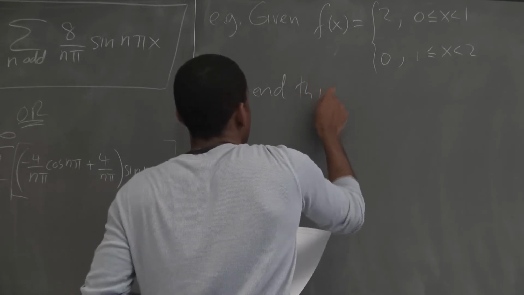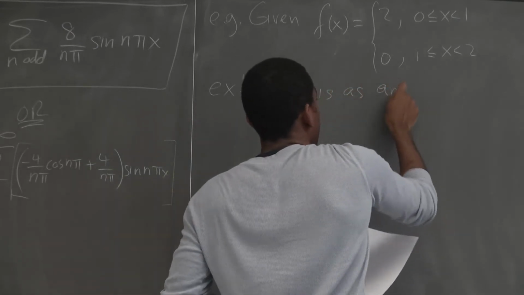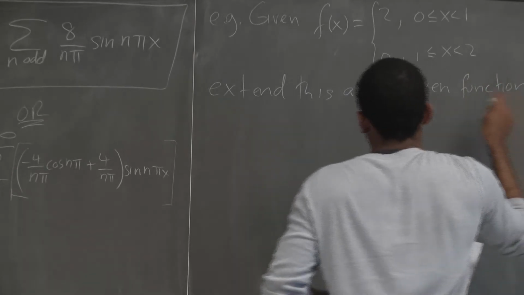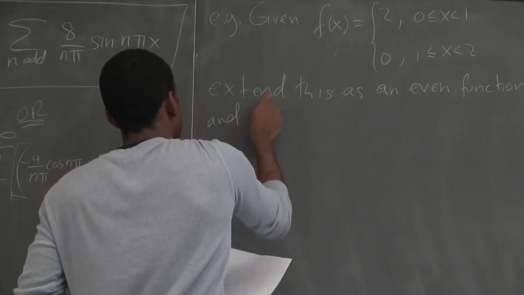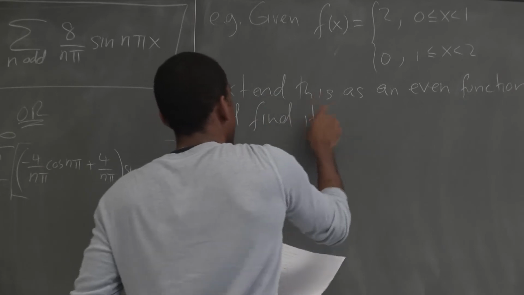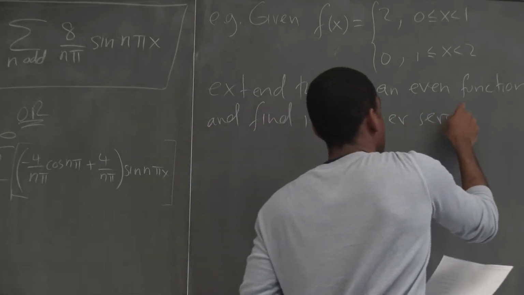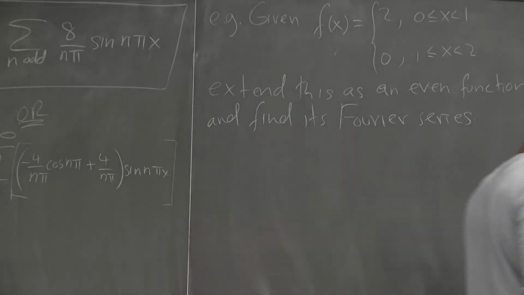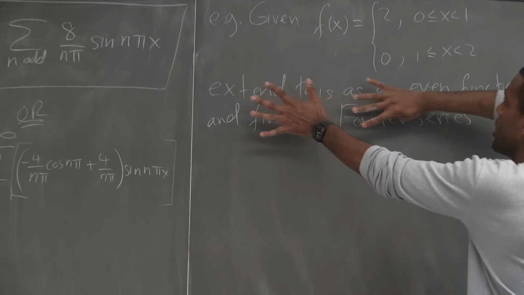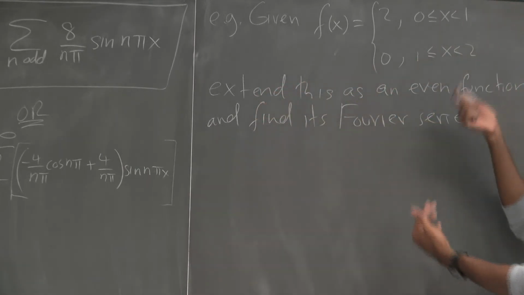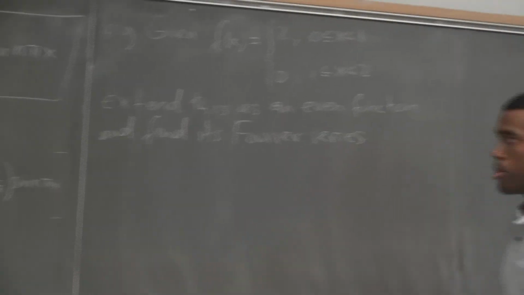Extend this as an even function and find its Fourier series. Or they could just give you this and say, find the cosine series. And they expect you to know, okay, I'm going to think of it as even, and only worry about the an's.